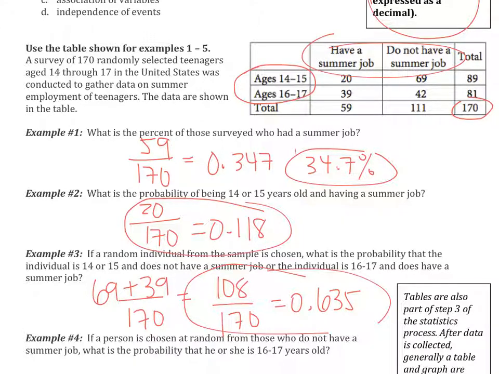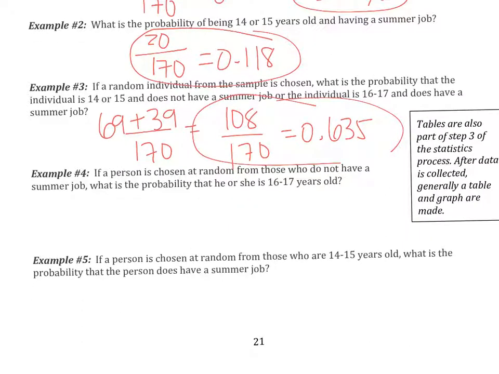Okay, examples 4 and 5 are where reading carefully comes into play. Okay, so example 4. If a person is chosen at random from those who does not have a summer job, what is the probability that he or she is 16 to 17? I'm no longer looking at all 170 people. I'm now only looking at the people who do not have a summer job.